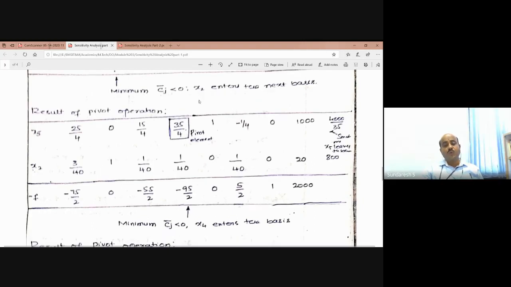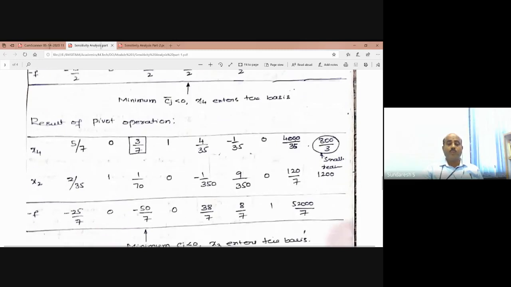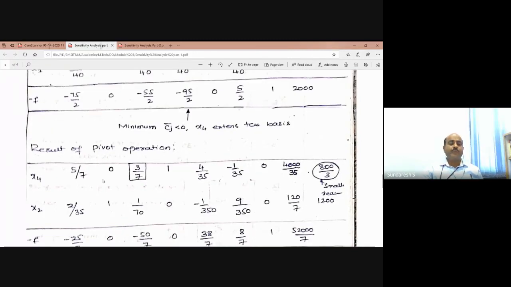So what you are getting in the result of the pivot operation in this case is X4 and X2. Please fill up the tabular column. First you can fill up X4, sorry, X4.